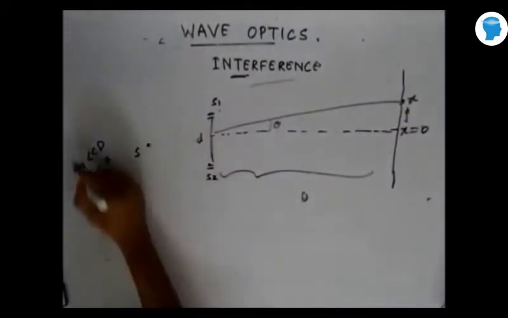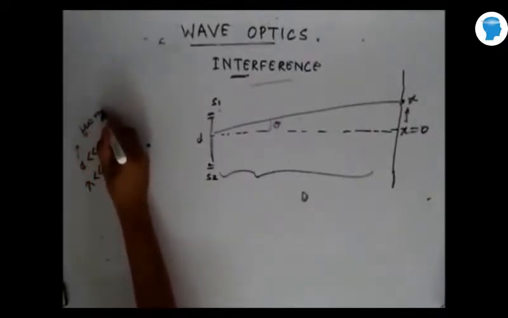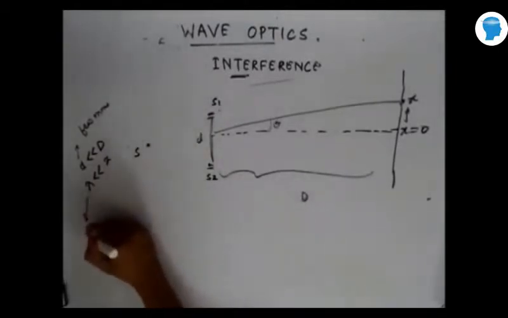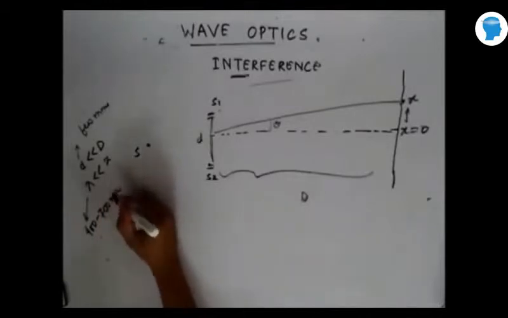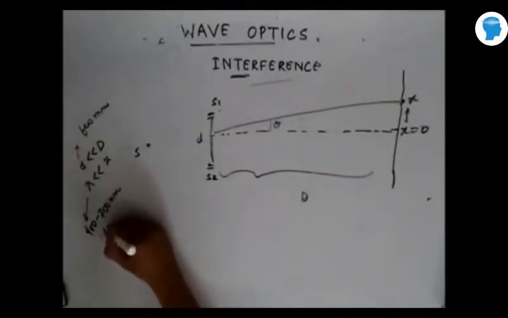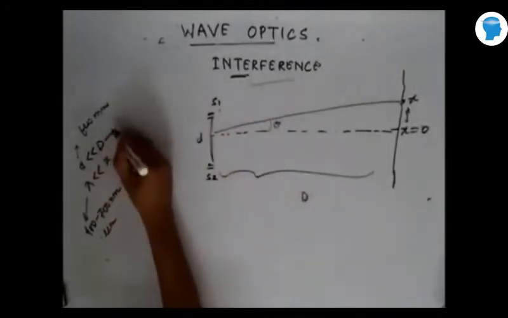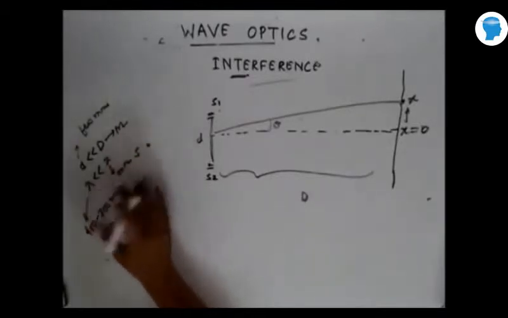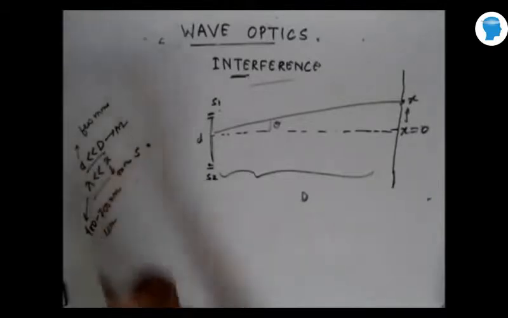Generally, d is in terms of a few millimeters. Okay, lambda, as you know, for light lies between 400 to 700 nanometer, or a fraction of a micrometer, and capital D is in meters and x is in a few millimeters. So you can very clearly see that this condition is satisfied, this condition is also satisfied.